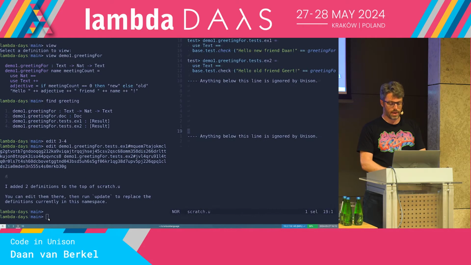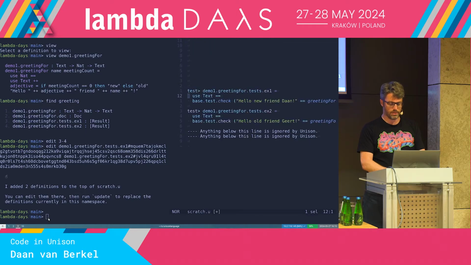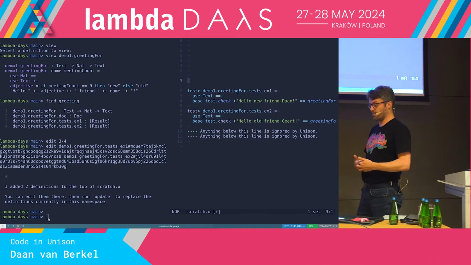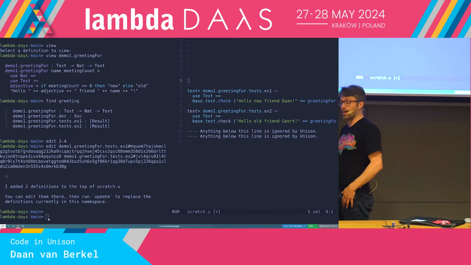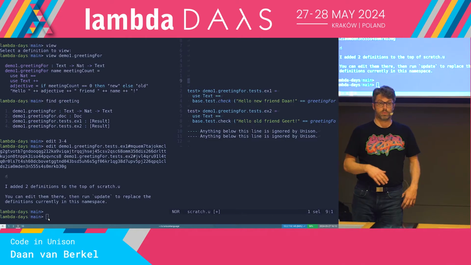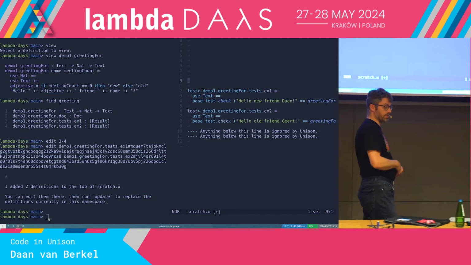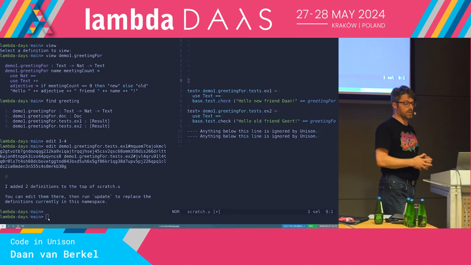So I'm going to reload my editor and bring this into view. And here are definitions of Unison terms that are actually tests. So again, Unison has a particular view on what software development should be, and tests are first-class citizens.